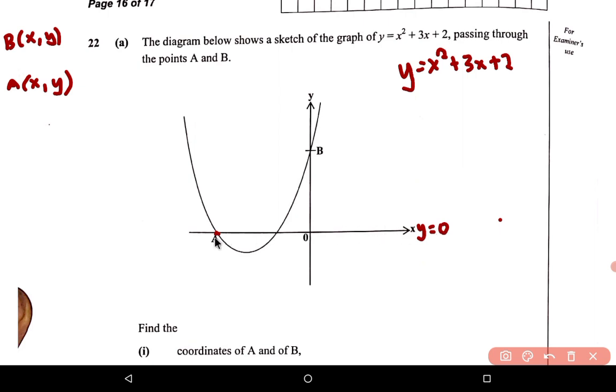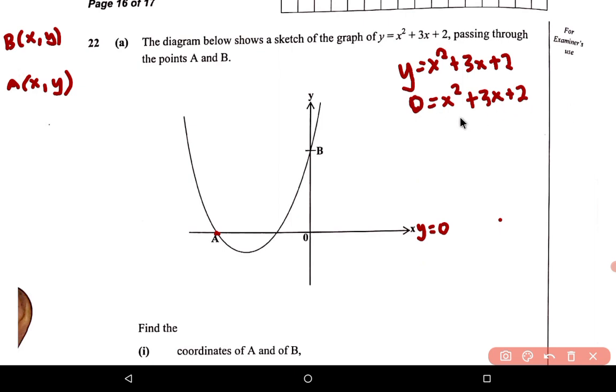So in this line y is equal to 0. So if we put 0 here, y is equal to 0, x squared plus 3x plus 2. So just follow what I'm doing. You have 0 here.